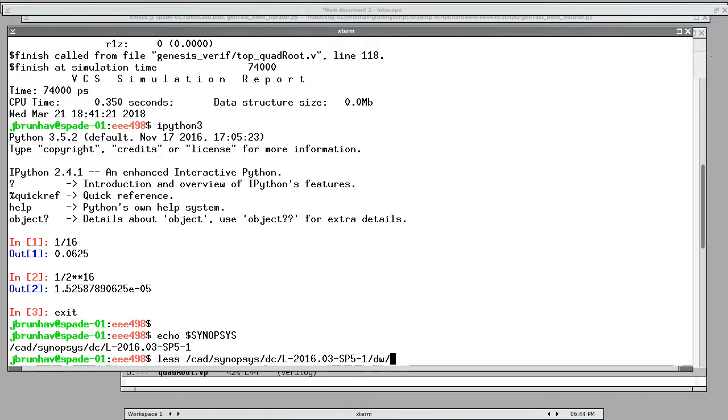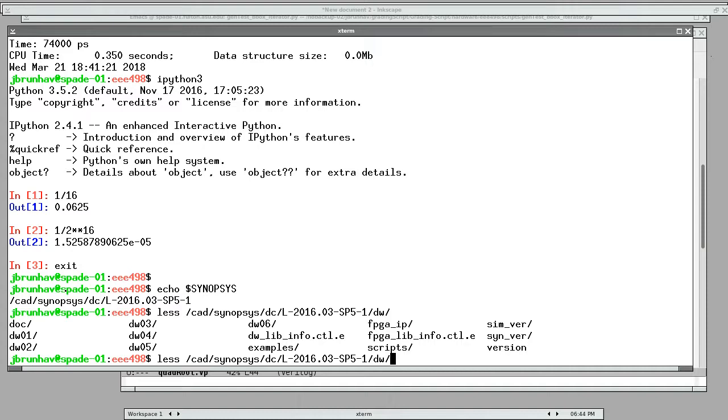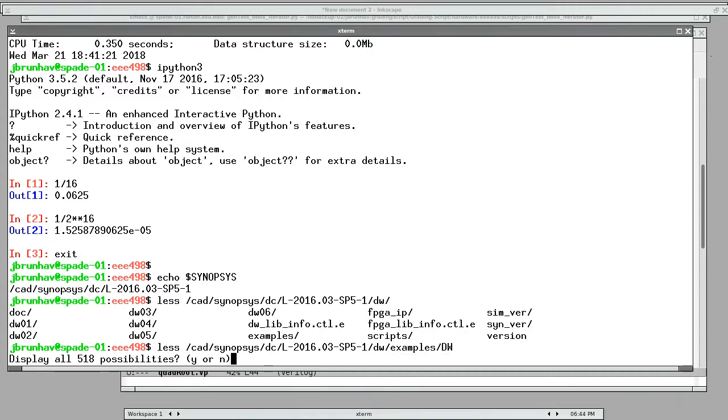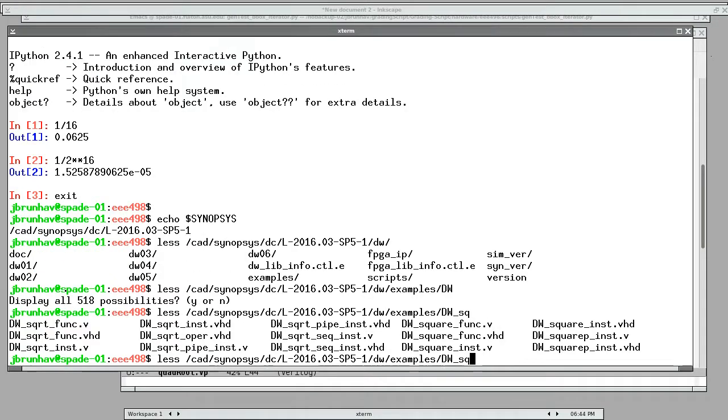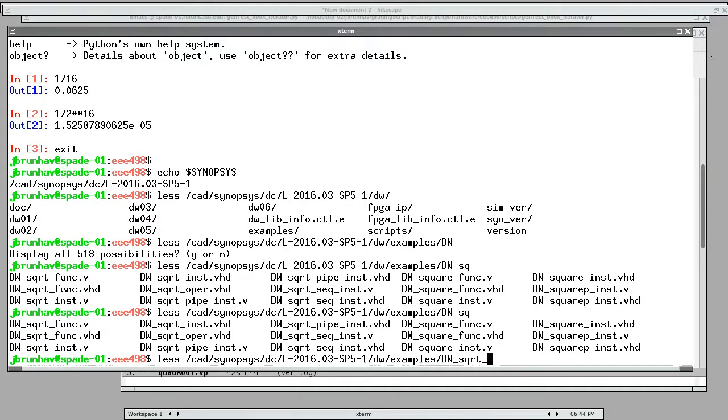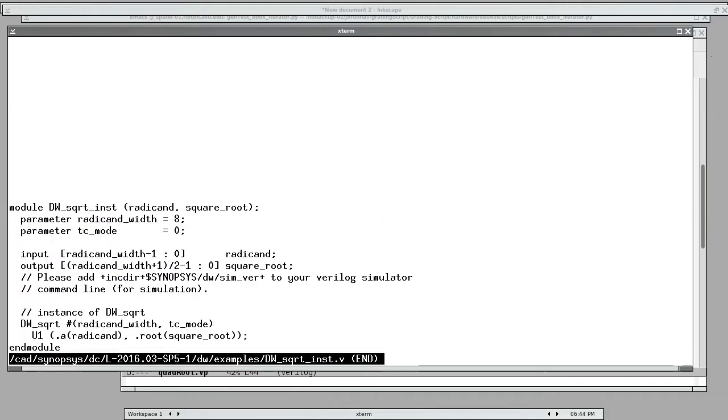So there's a DW directory. Boo. Examples. No. Square root. Instance.v. 2's complement mode.